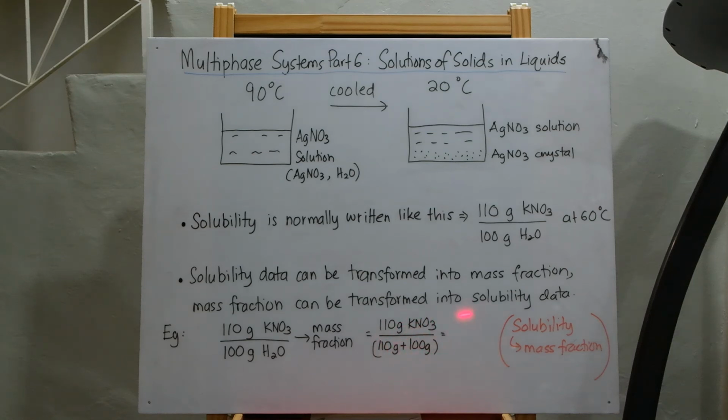So you'll get your mass fraction. Calculate the mass fraction here. I'm going to show you after this how to transform mass fraction into solubility data. So you can use it to check your solubility, and to solve mass balance questions.